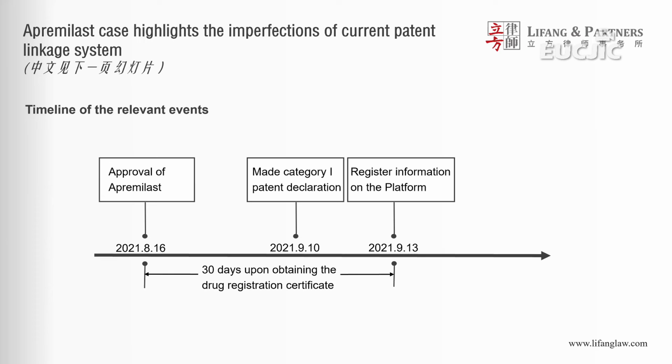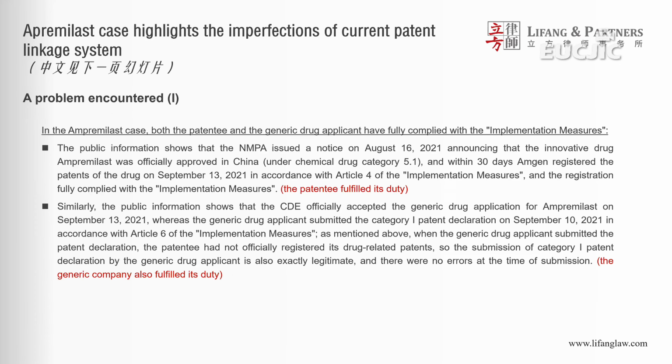So the generic drug company made a Category 1 statement that is also correct, and the Category 1 statement mentioned there's no patent on the registration platform. Just to repeat what I said, both parties actually fulfilled their duty under this version 1 patent linkage system.